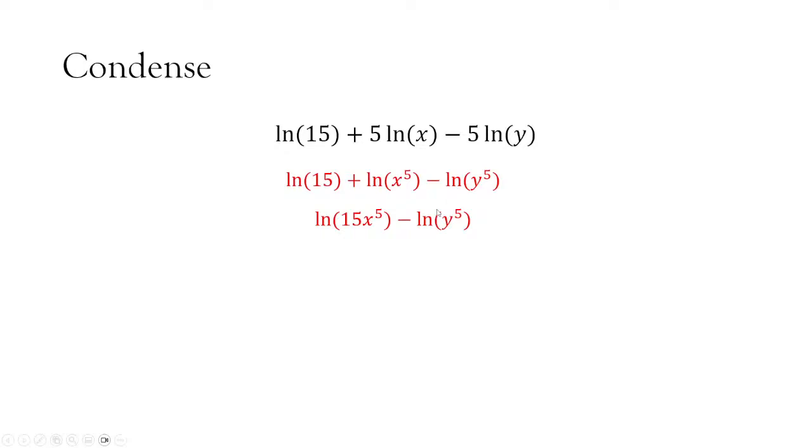What happens whenever we subtract them? Subtraction becomes division. In other words, I can combine these two natural logs to give me natural log of 15x to the 5th divided by y to the 5th. And now looking at this, I've condensed it down to a single logarithm, telling me I'm done.